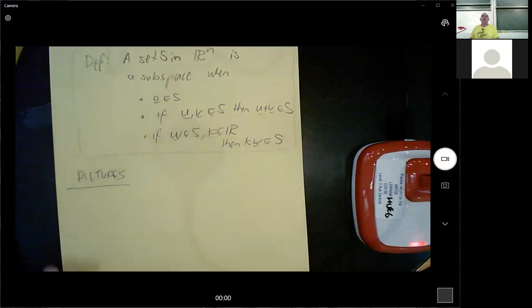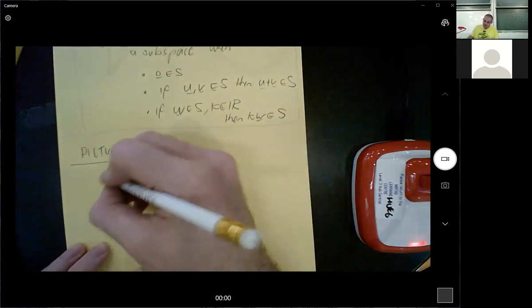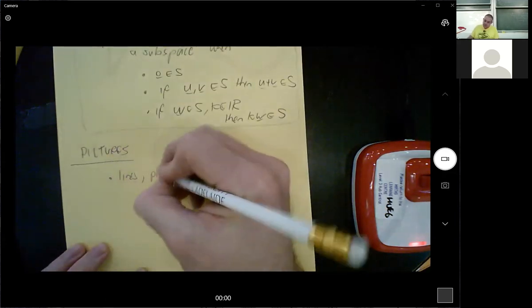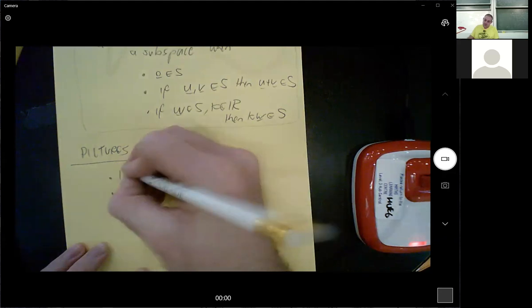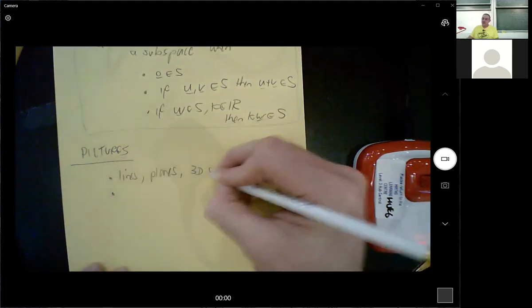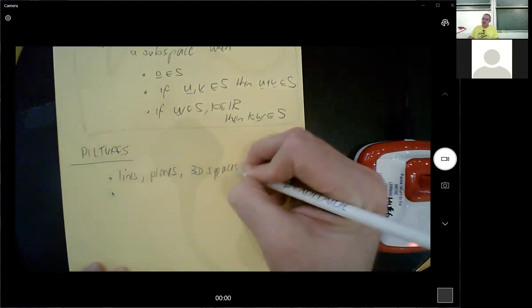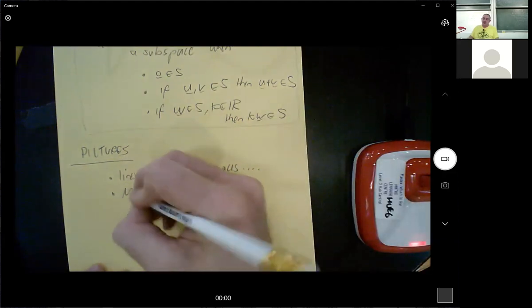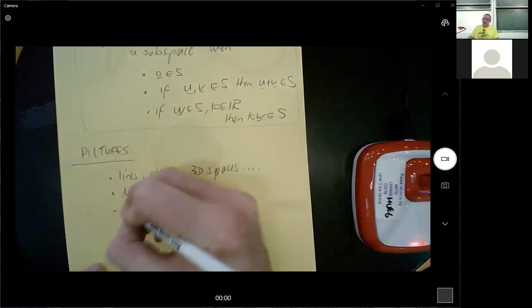Pictures. Subspaces are lines and planes and flat things. They don't have holes. Lines and planes and 3D spaces and whatever. They don't have holes and they go forever.